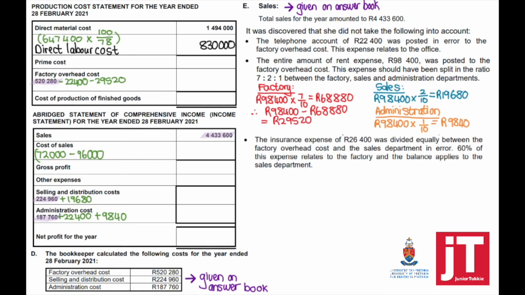The insurance expense of 26,400 was divided equally between the factory overhead cost and the sales department in error, by mistake. 60% of this expense relates to the factory and the balance applies to the sales department. So this is also a little bit more challenging. How do we approach this now?